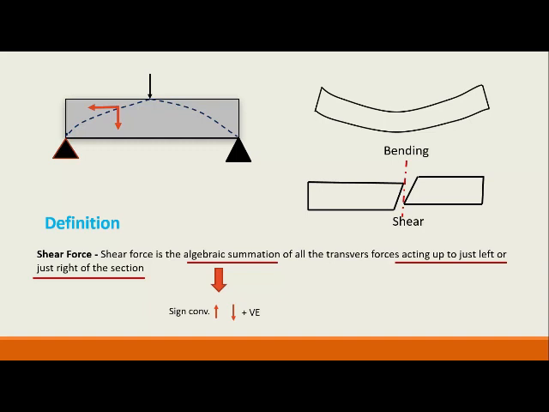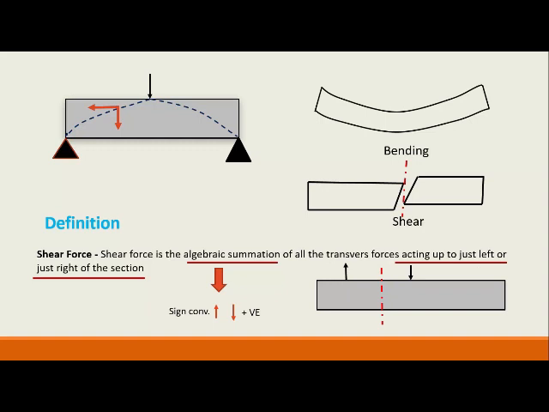What is the sign convention that we use in shear force? The sign convention is left up, right down is positive. Now the question is, left of which and right of which thing? So if we consider a beam and a section here, any force acting upward towards the left of this section is positive.